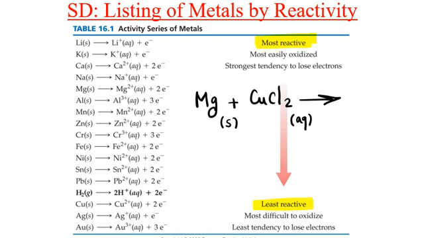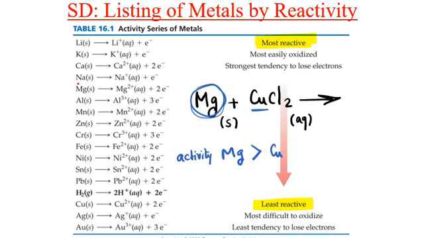So the rule is that the activity of the element Mg must be higher than the activity of the cation, copper here. Let's see how it works. We need to find magnesium.